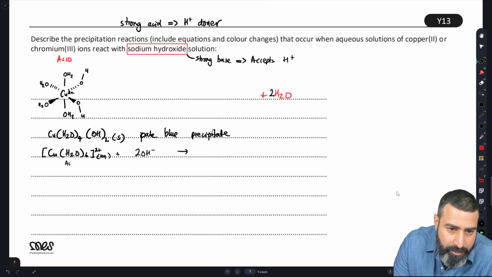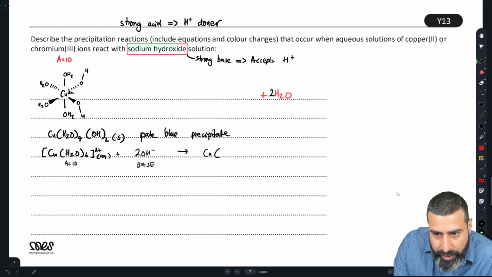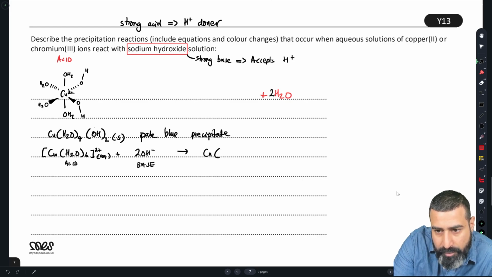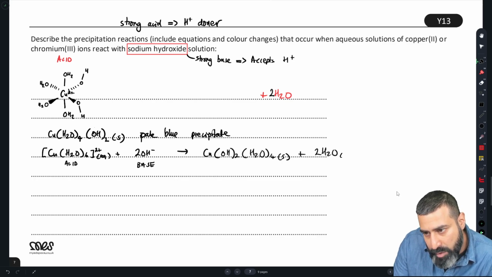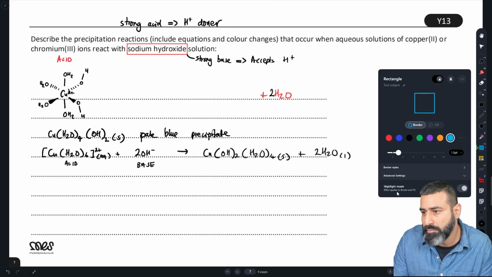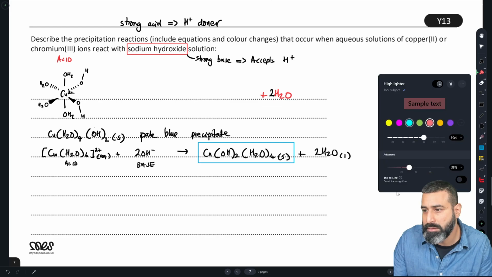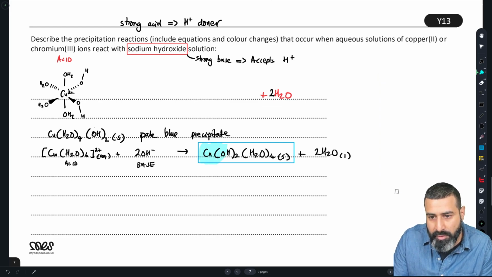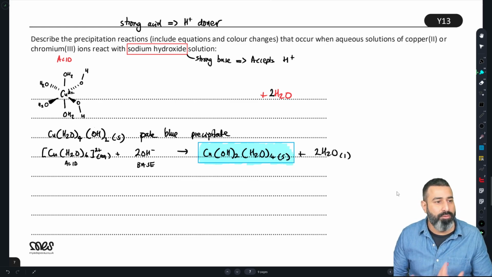So this is my acid, and this is my base, and I am left with Cu(OH)2(H2O)4 neutral, and this is a solid, and 2 water molecules are formed. And this is a pale blue color, this sort of cyan color, and it's this gelatinous solid that we form.